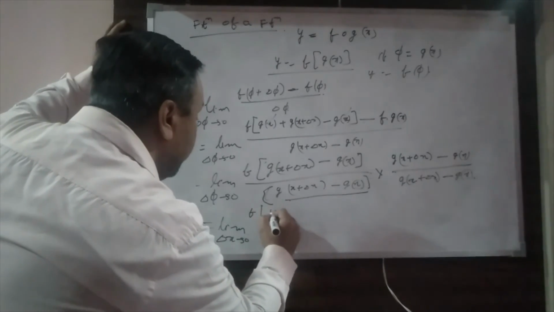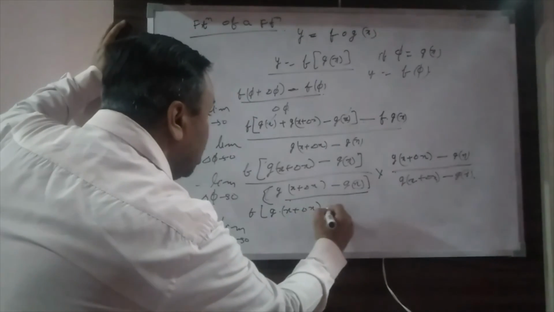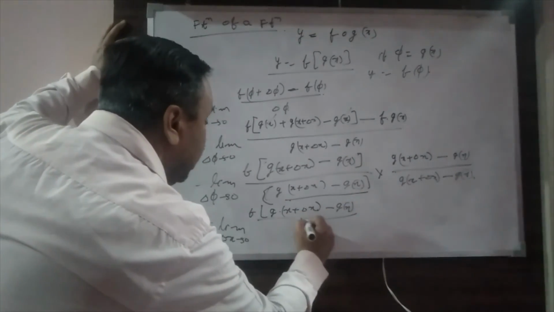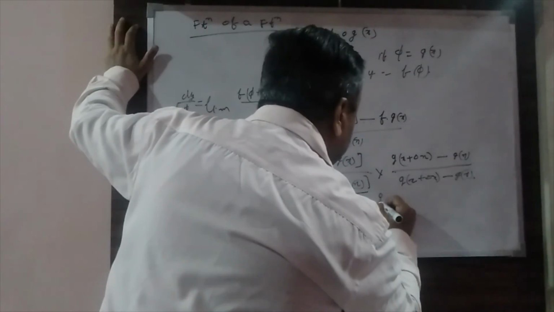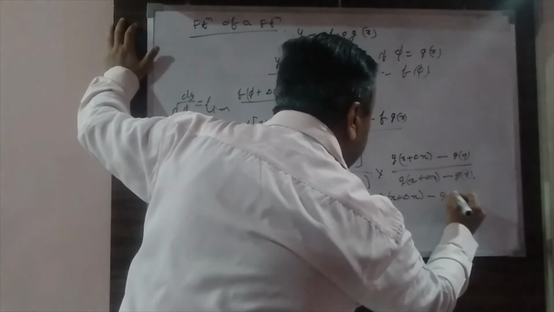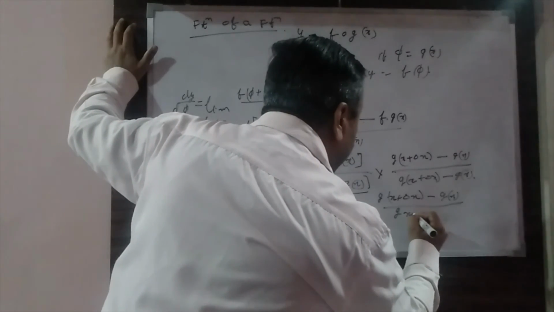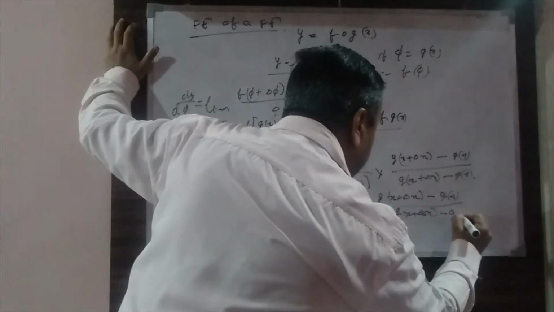So f of g into x plus delta x minus gx divided by delta x, multiplied by gx plus delta x minus gx divided by gx plus delta x minus gx.